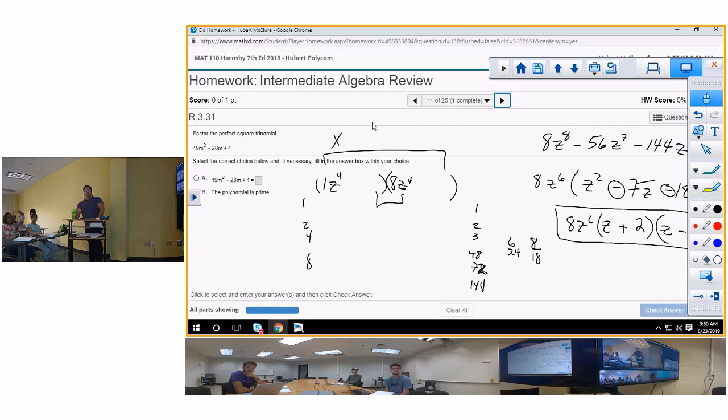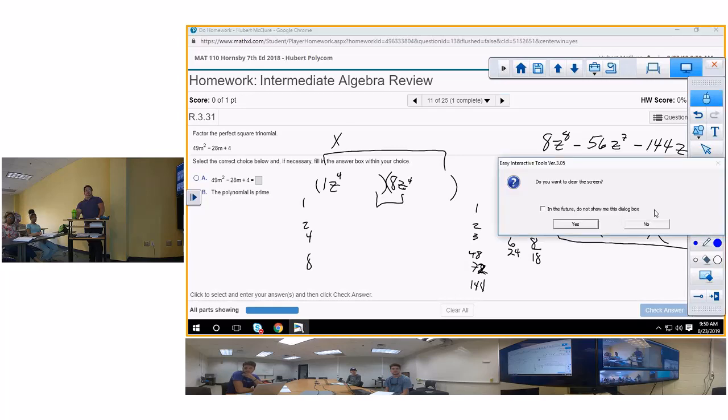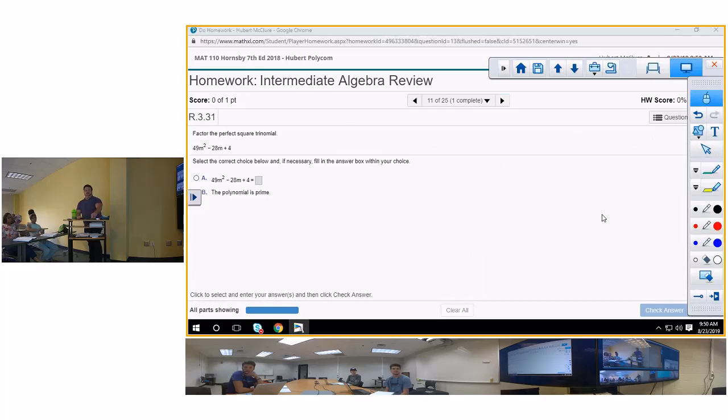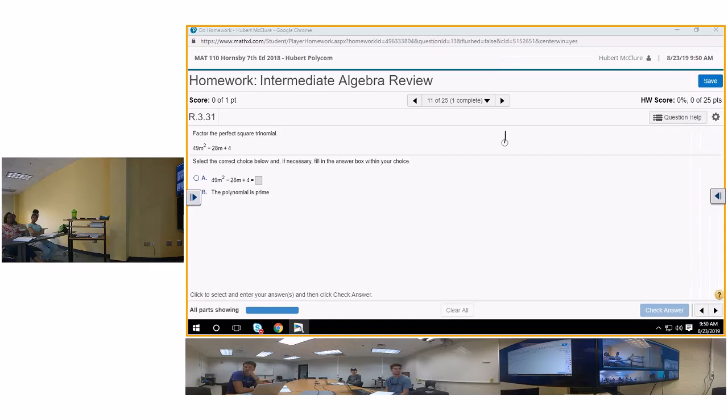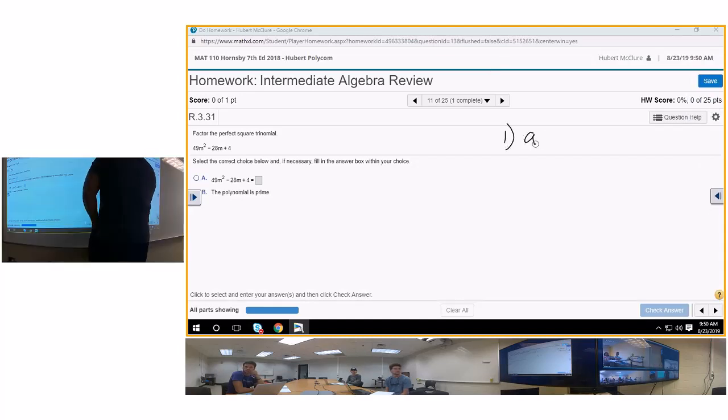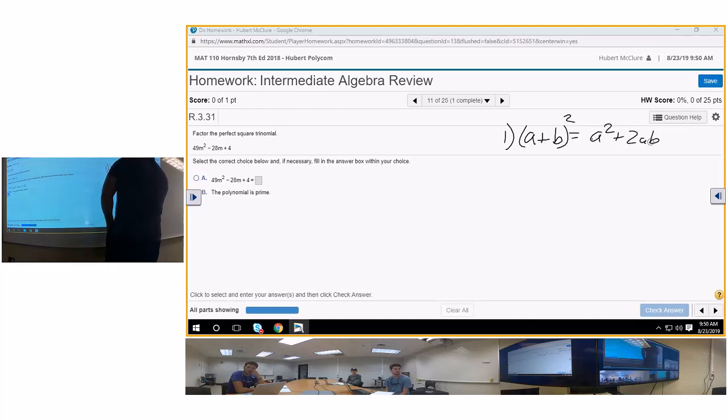7m minus 2 quantity squared. How did I do that so quick? Because you know your shortcuts. Your 5 shortcuts. What are they? Number 1. A plus B quantity squared is equal to A squared plus 2AB plus B squared. 2.